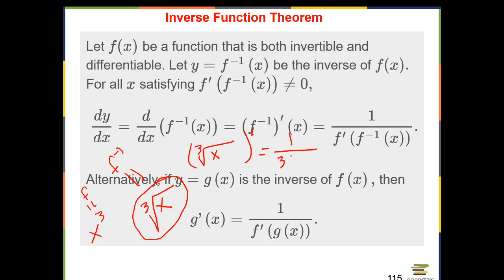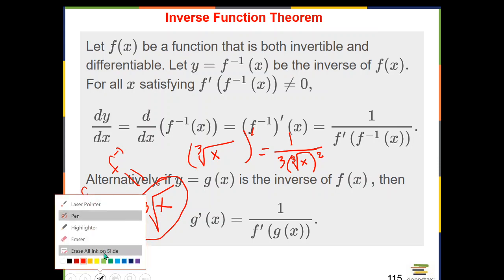I have 3x squared, I put this for x squared. But this x has to be the inverse. So I have to put what? Cube root of x here. So the derivative of cube root of x is 1 over 3 times cube root of x to the second power. That's the idea we're talking about here, and you can simplify this.